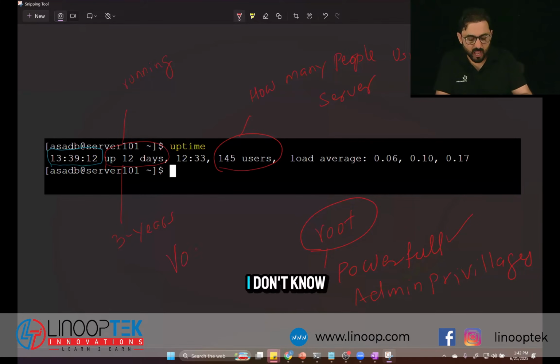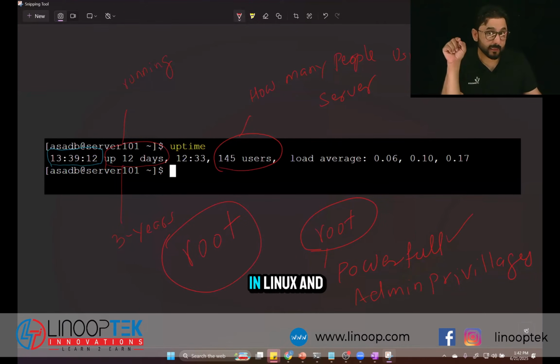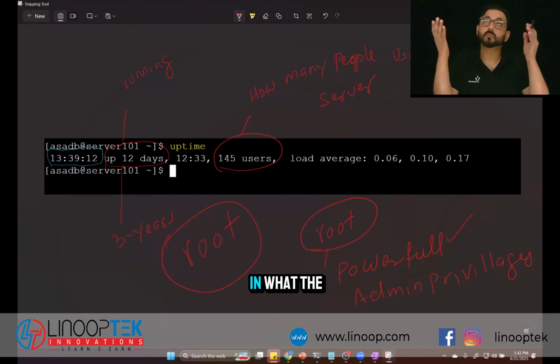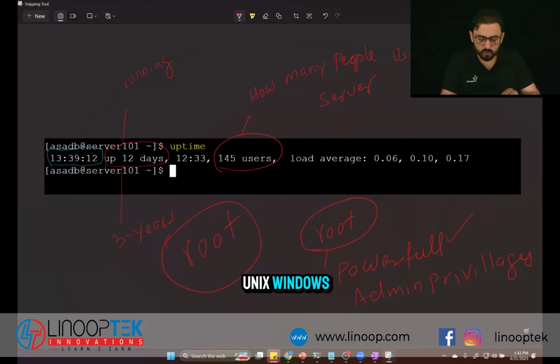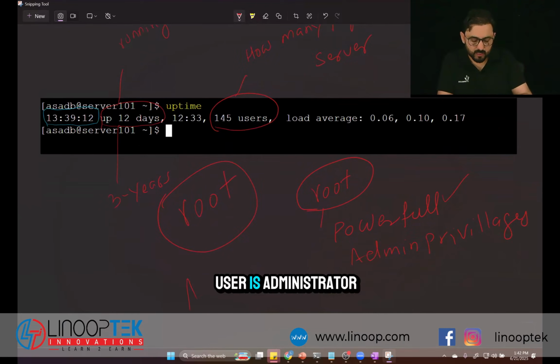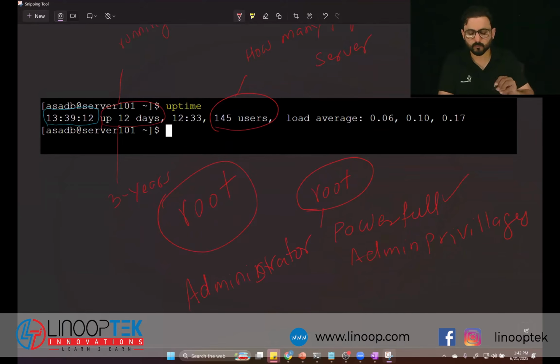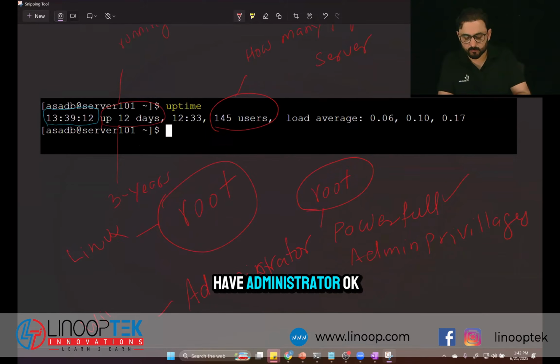So root means the most powerful user in Linux and Unix. In Windows, the most powerful user is administrator. So in Linux, you have root. In Windows, you have administrator.